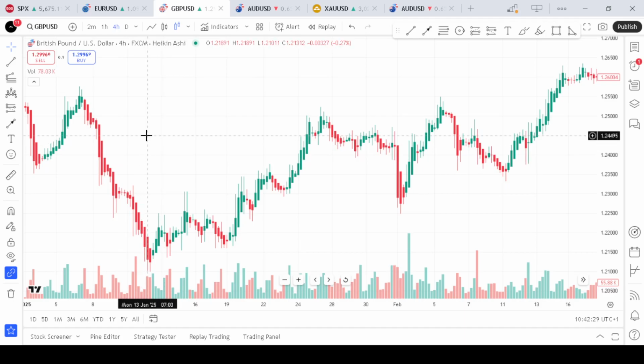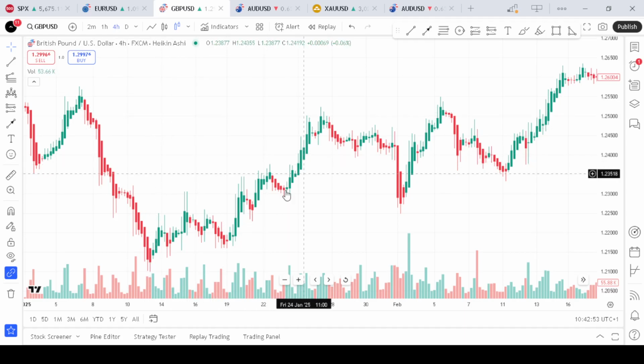How do you enter? Once you have identified the trend, you wait for a pullback in the uptrend. You look for a red candle that quickly turns green. This indicates potential buying opportunities. Conversely, in a downtrend, you wait for a green candle to flip to the downside and turn red, signaling potential selling opportunities.